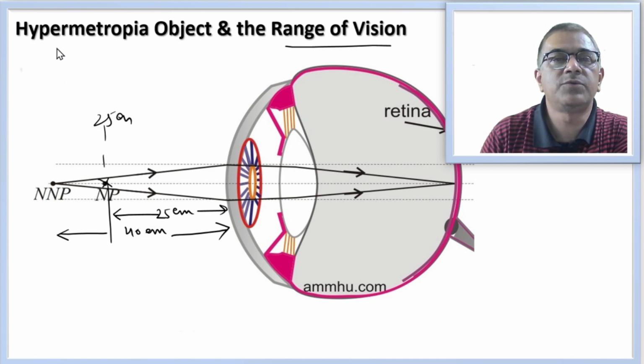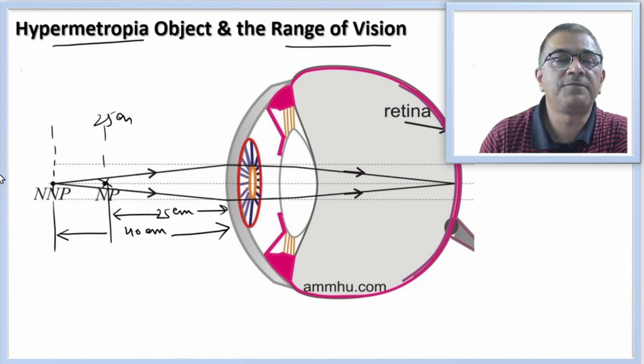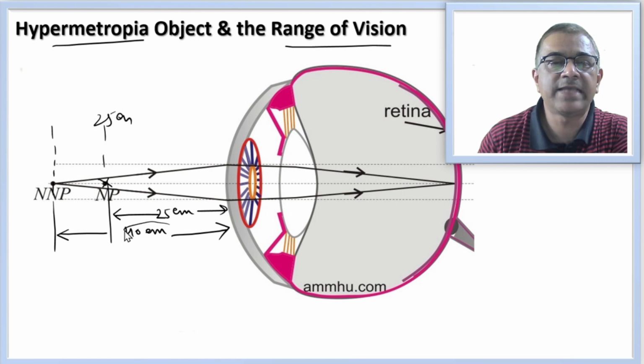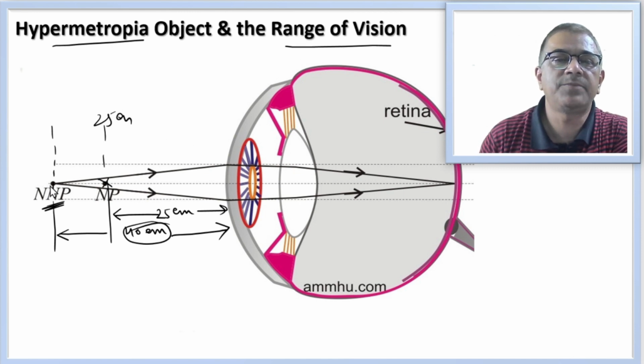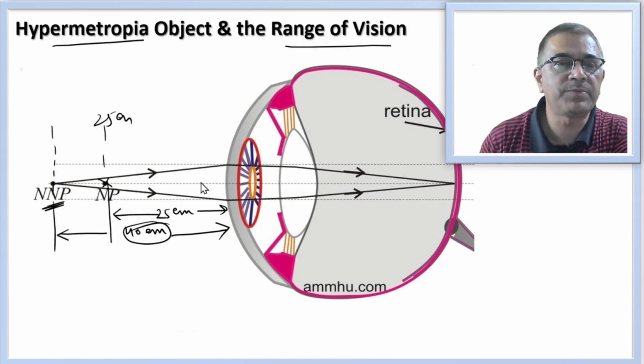But for a person suffering from hypermetropia, the range of vision is from the near point till infinity. For this example, the near point is at 40 centimeter, so the range of vision is from 40 centimeter till infinity. This person should be able to see all the objects lying beyond 40 centimeter, but objects lying within 40 centimeter, he or she should not be able to see.